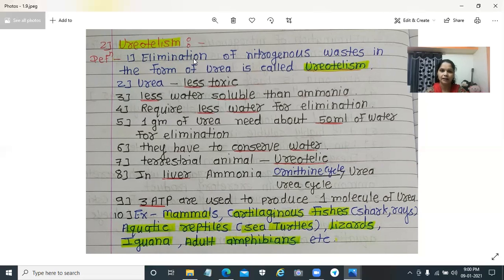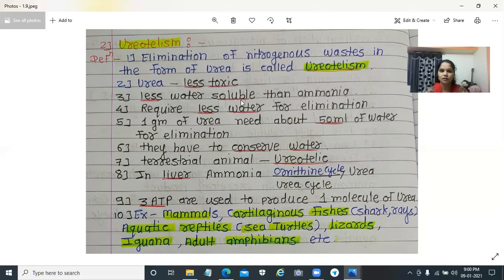Again, elimination means removing the nitrogenous waste material in the form of urea. Urea is less toxic than ammonia. Ammonia is a highly toxic one; in comparison, urea is less toxic.